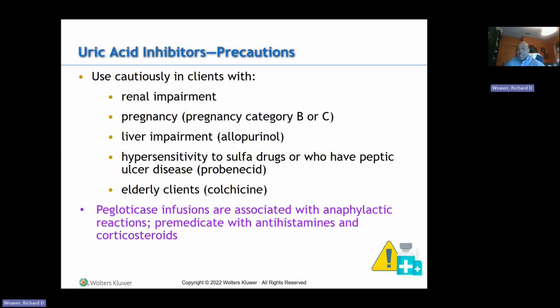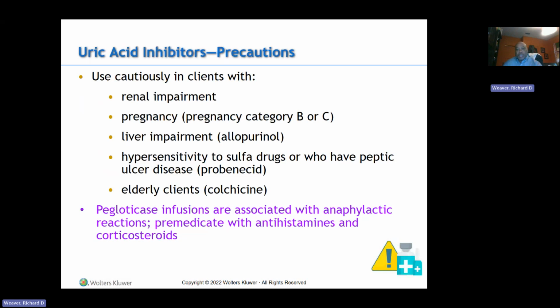While it is not a classic sulfur drug, there's a potential for cross sensitivity in individuals with sulfur allergies. And so you should be asking these patients, do they have a sulfur allergy? This basically means that some people who are allergic to sulfur drugs may also have an allergic reaction to probenecid. And so be really careful about that.